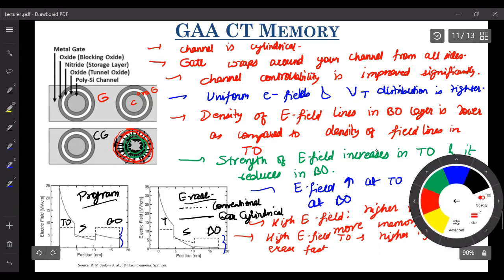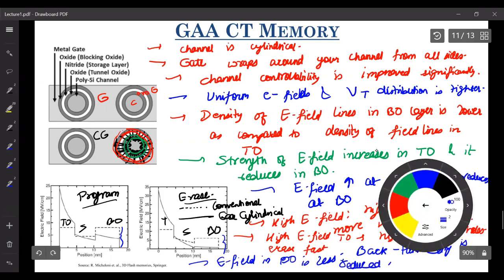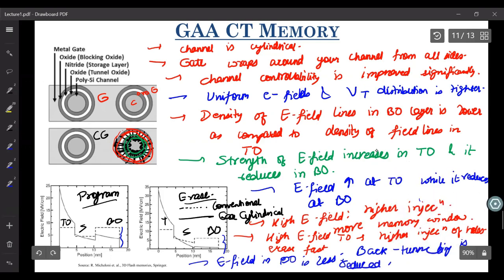Also at the same time, since your field in your blocking oxide is less, there won't be back tunneling. So back tunneling is reduced, and this also mitigates your erase saturation.